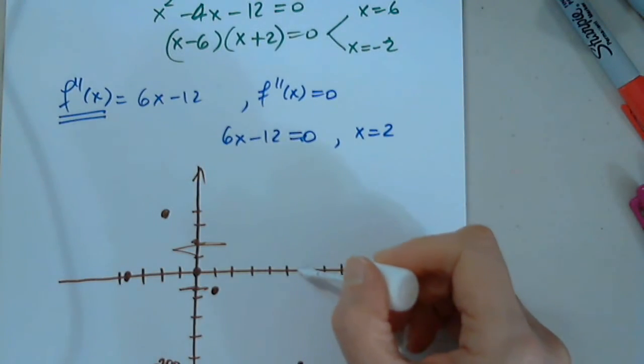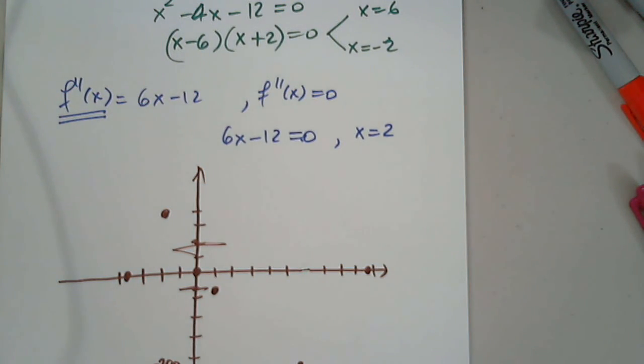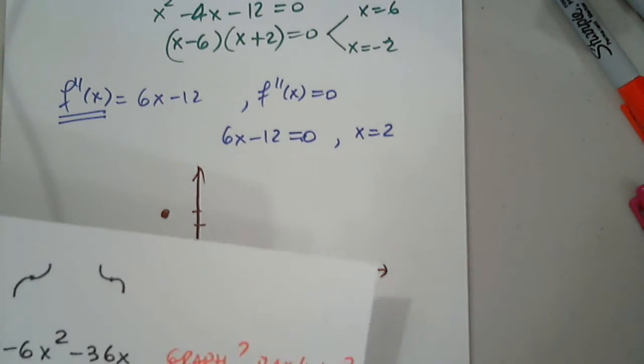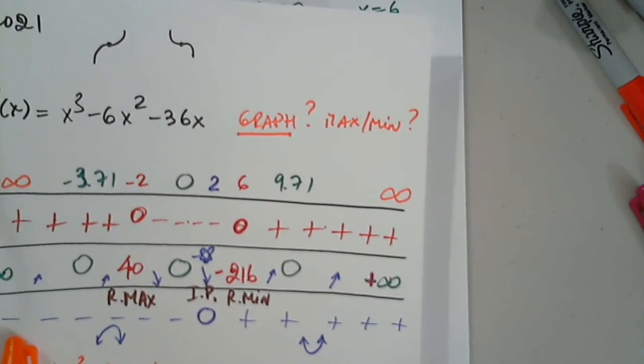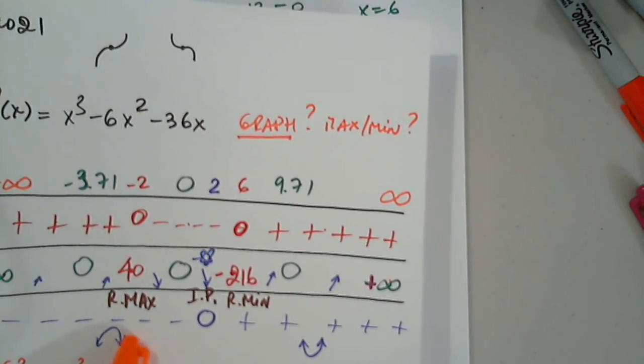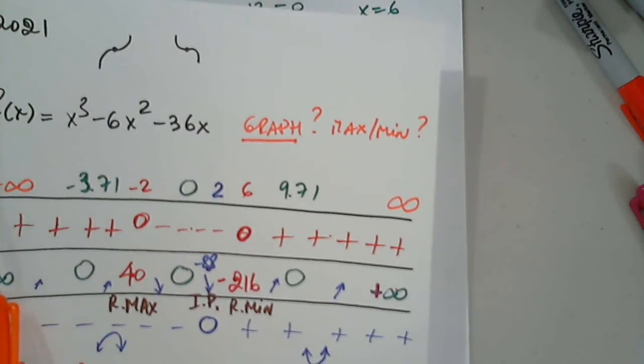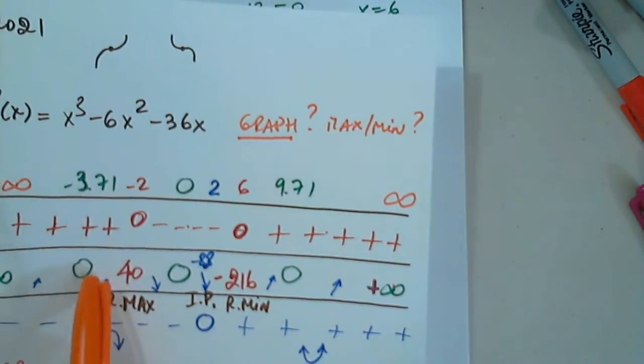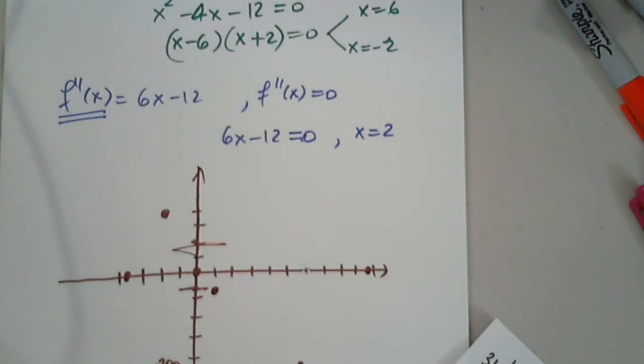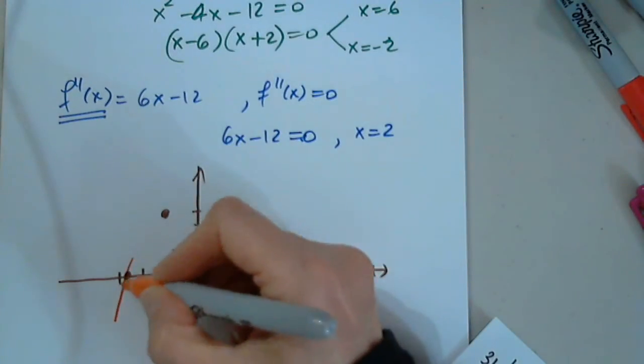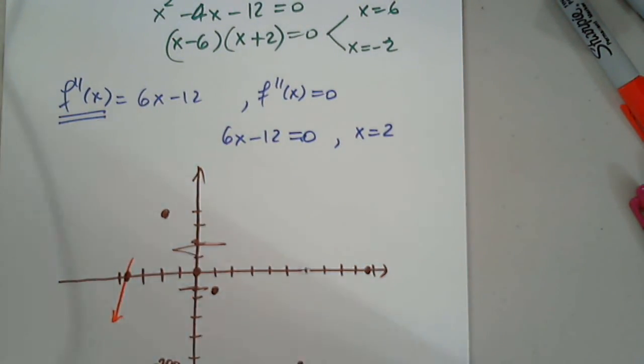And then we look at the table only, and we do what the table is telling us to do. Opening downward, increasing from negative infinity and crossing the x-axis at this point. Fine.